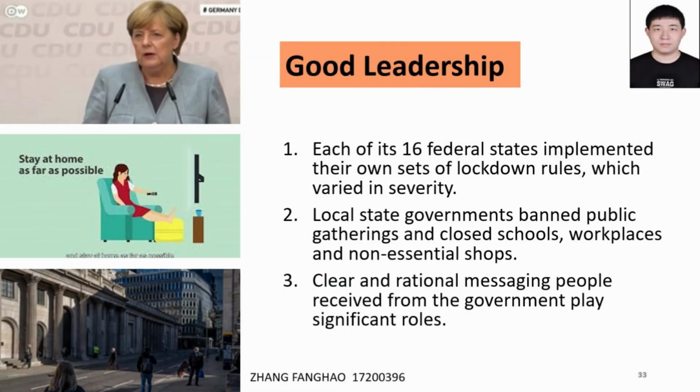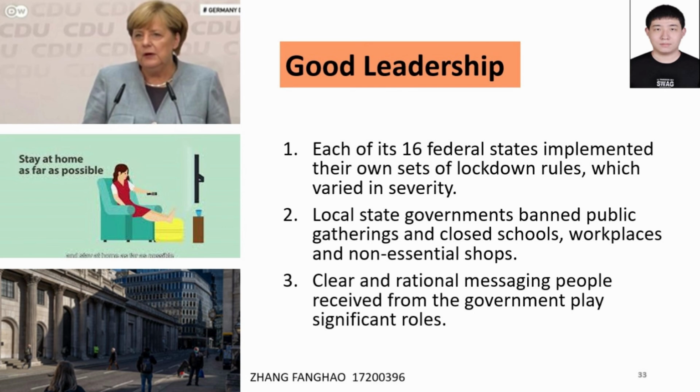Good leadership plays one of the most significant roles in fighting the virus. Each of its 16 federal states implemented their own set of lockdown rules, which varied in severity. This policy could ensure each state adjusts its policies with flexibility according to its own condition and reduces some unnecessary cost.